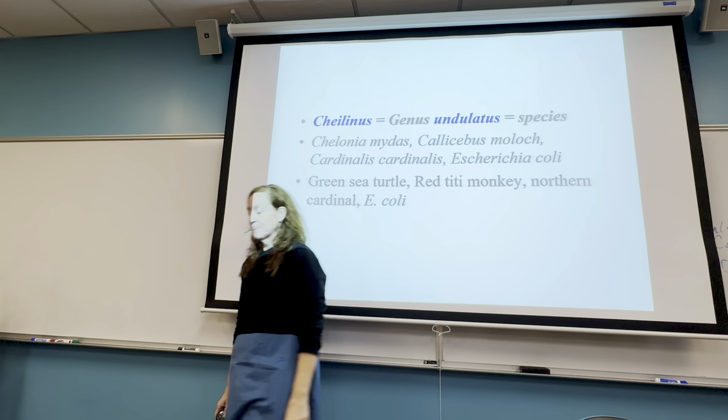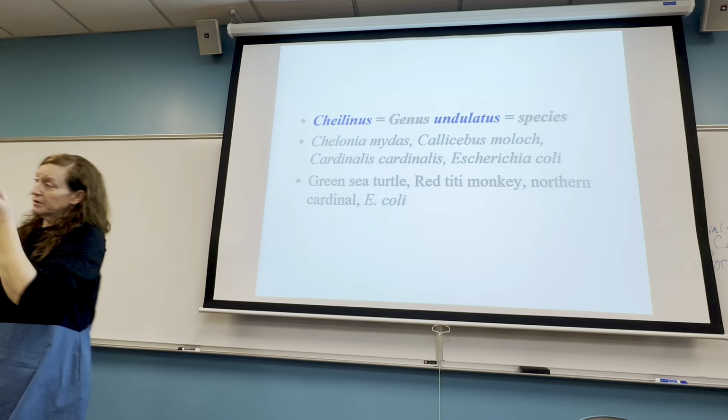One of the things I want you to notice about all of these scientific names that I have up here is that they're all written in italics. So when you're typing a scientific name, you always put it in italics. And that notes that, hey, this is a universal name for this organism or this species. The other thing is that in that two-name system, you'll notice that all of the genus names are capitalized, but the species names are not.